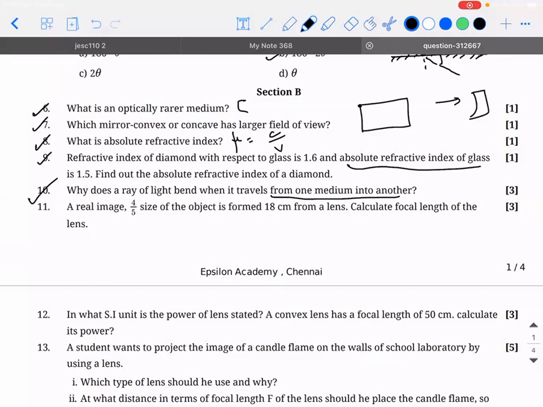Actually, this is not worth 3 marks, but okay, it has been asked. One mark question. So when a light ray is traveling from one medium to another, the speed of the light changes. Hence, the phenomenon of refraction comes into picture.